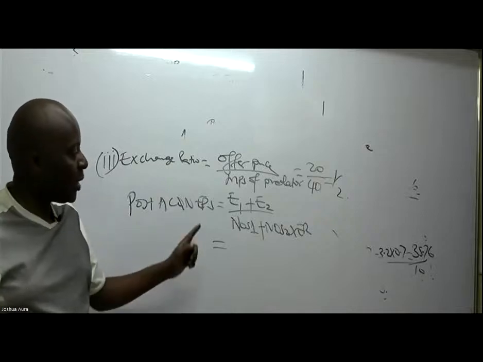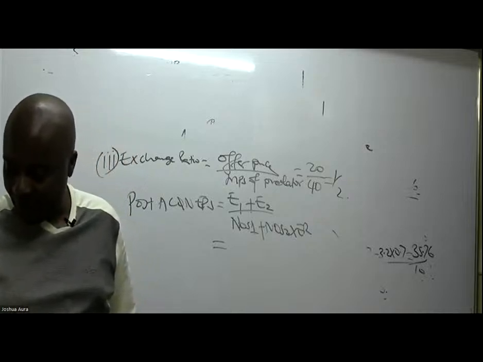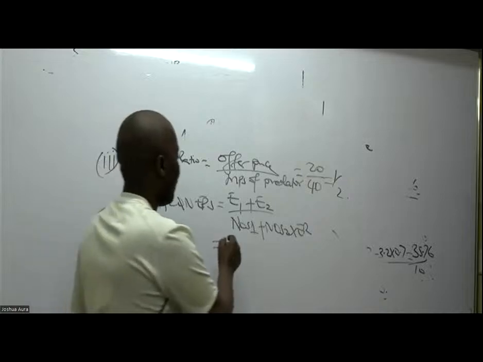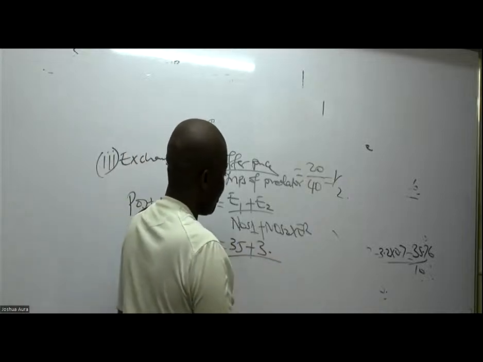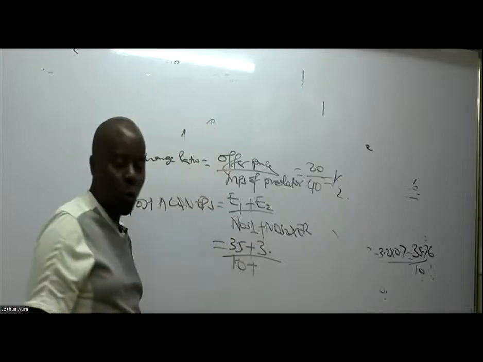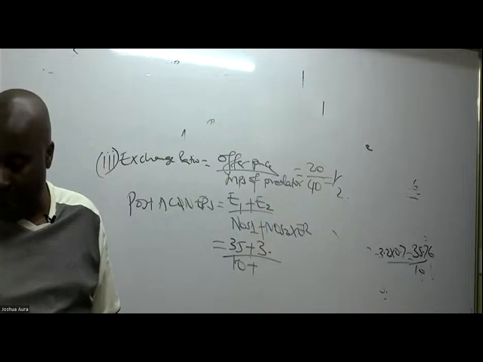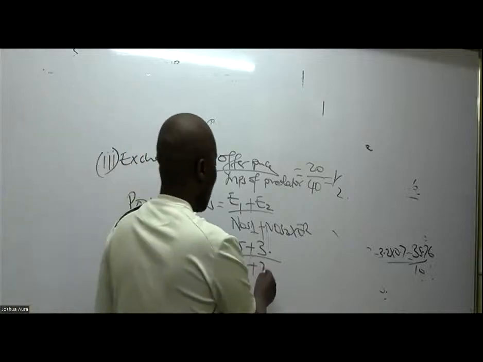Earnings of company 1 is 35, plus earnings of company 2, 3. The number of ordinary shares of company 1 is 10. The number of ordinary shares of company 2 is 2, so 2 times a half.